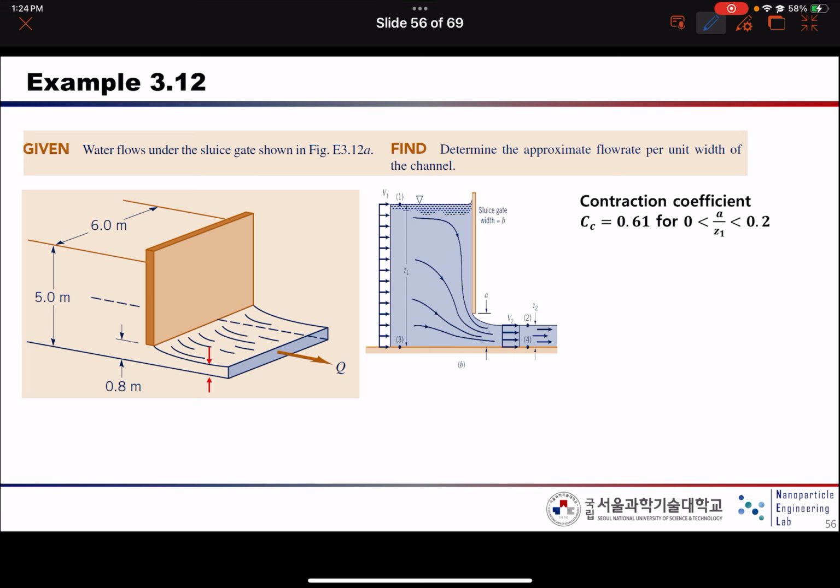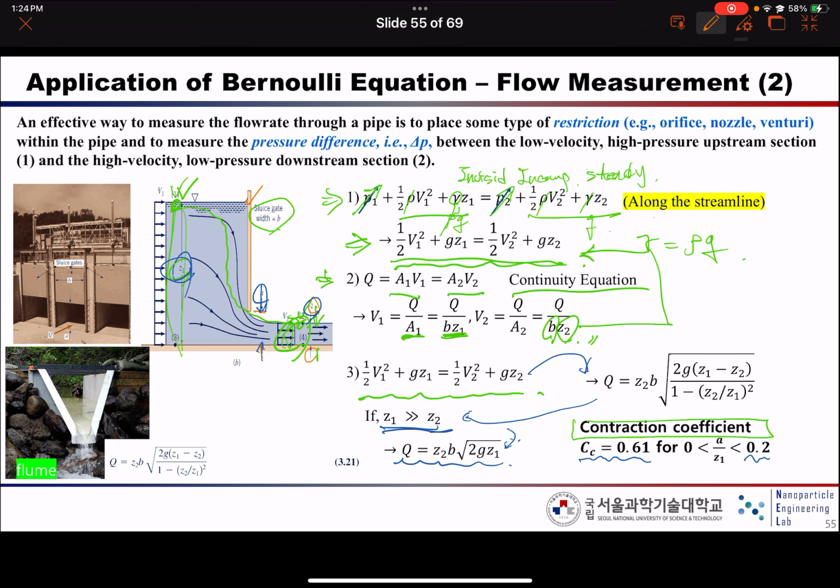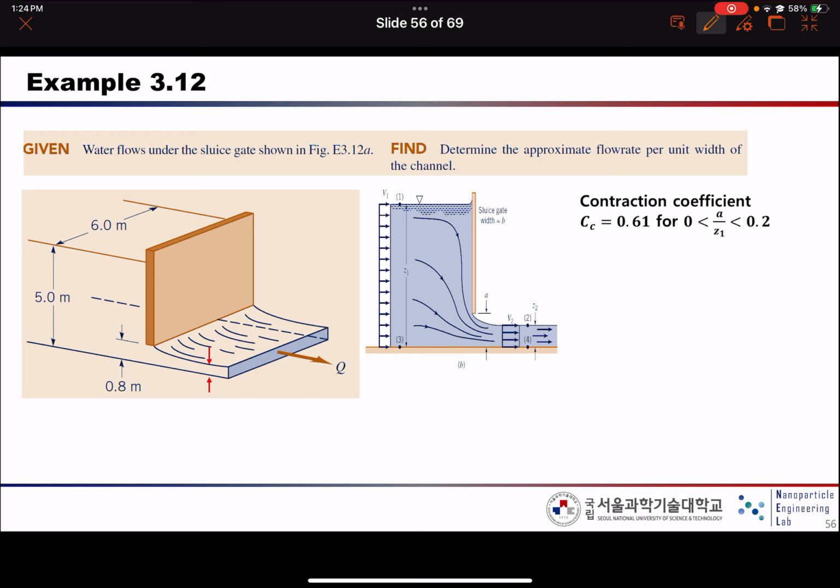So since we derived this equation, Q equals Z2 B times the square root of 2g (Z1 minus Z2) over (1 minus Z2 squared over Z1 squared), right? And here, the Z1 is 5 meters, right?